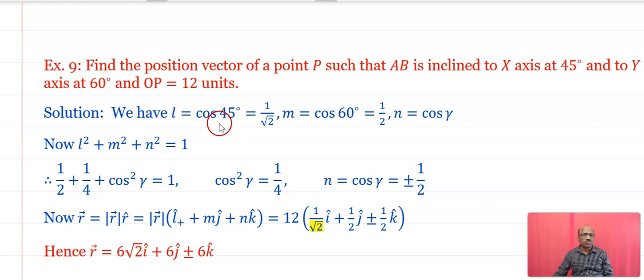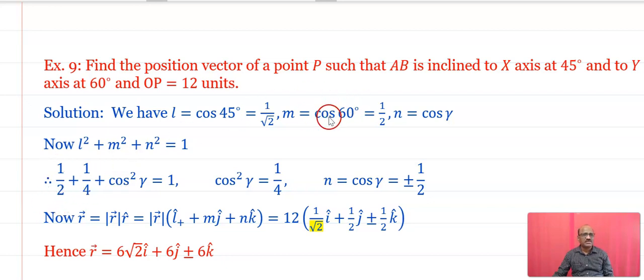We have L equal to cos 45, and cos 45 is 1 by root 2. M is equal to cos 60, and that equals 1 upon 2. N is equal to cos gamma. But we know the relation between the direction cosines, that is L square plus M square plus N square is equal to 1. The value of L is 1 by root 2, its square is 1 upon 2.